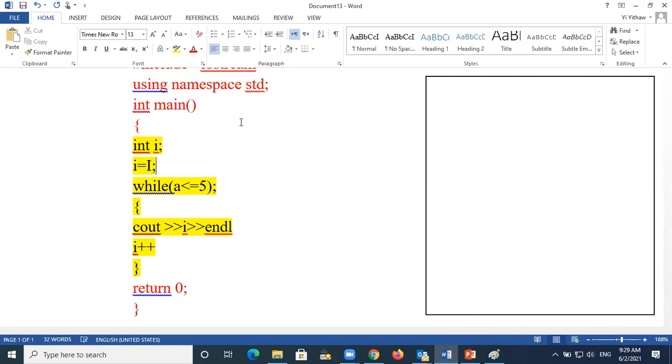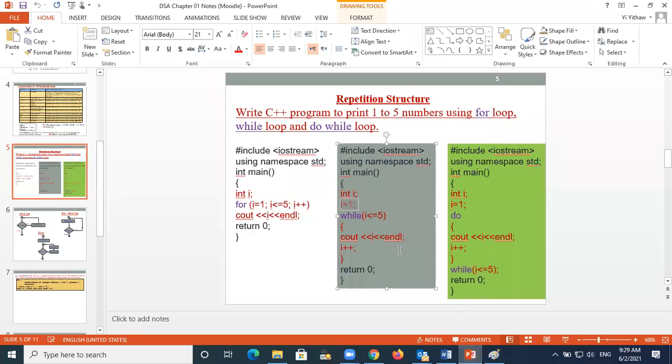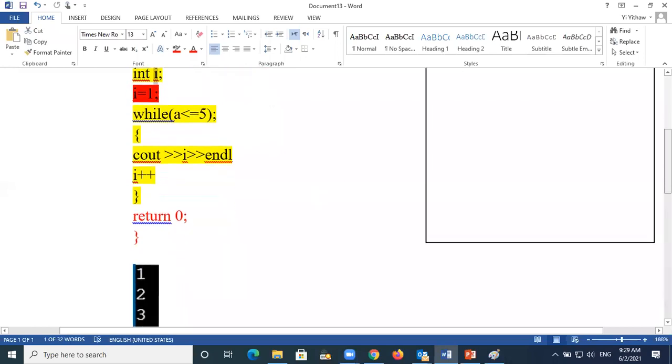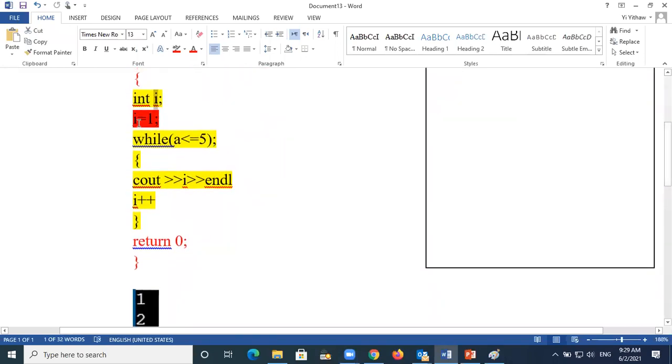These are the small mistakes that you have to find. I equal to 1, this is what they did not put there. I will put that in another color, red. Is it okay, students? The first thing is that you declare the variable, but after you declare the variable, you have to put which number you are going to start from.